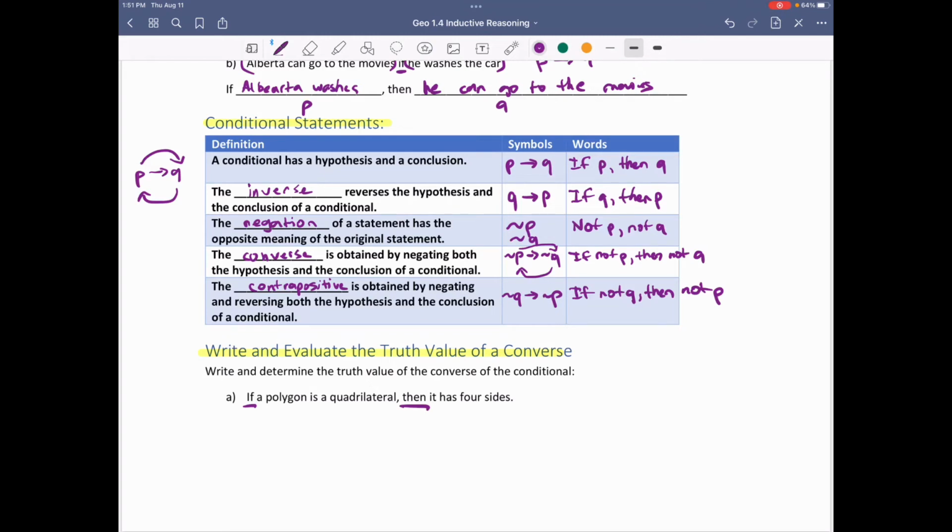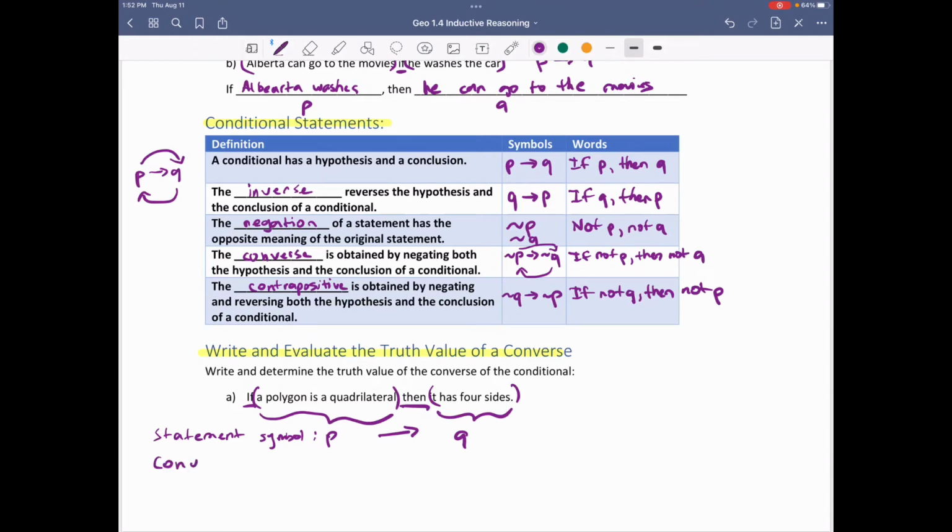And with that, we can say that this part of the statement is P, and the second part of the statement is Q. So that's our statement symbol. If P, then Q. If a polygon is a quadrilateral, then it has 4 sides.